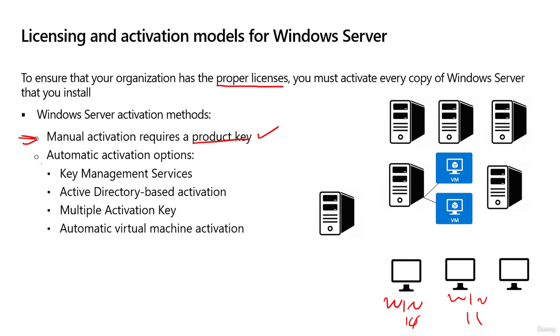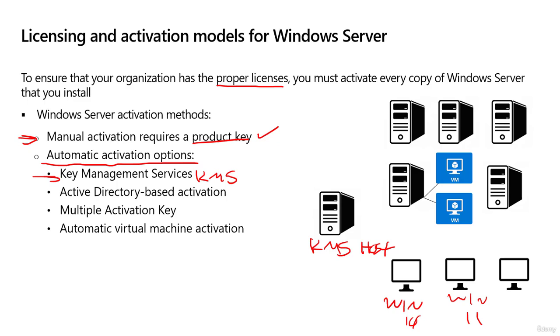Typically, we will rely on one of these automatic activation options. The first is Key Management Service, or KMS, is what it's commonly referred to as. Now, this is very common. The way it works, you have a server that functions as a KMS host. On this server, you have installed volume activation services.